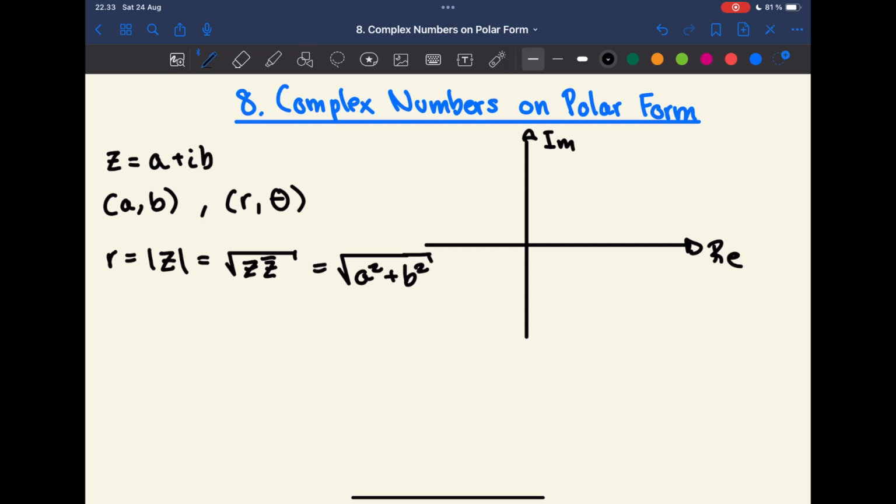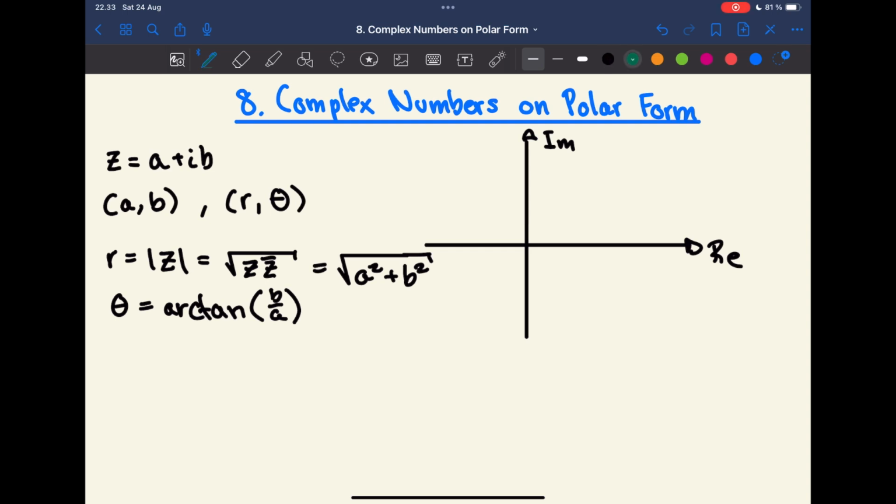All right, and we also saw that the argument, we could find that by taking arctan of b over a, so the imaginary part over the real part. So if we just take arctangent of b over a, then we find the argument.